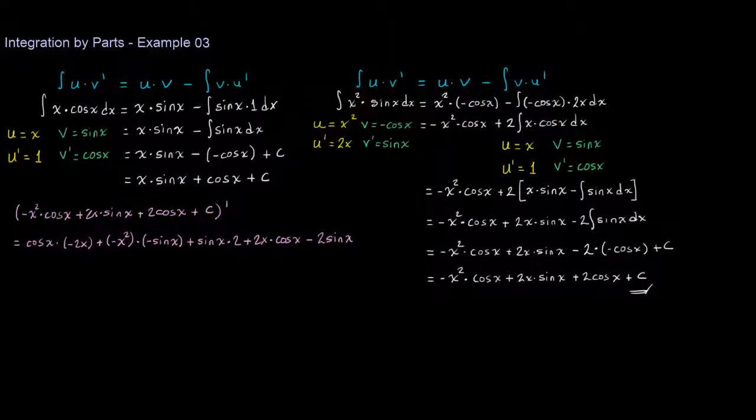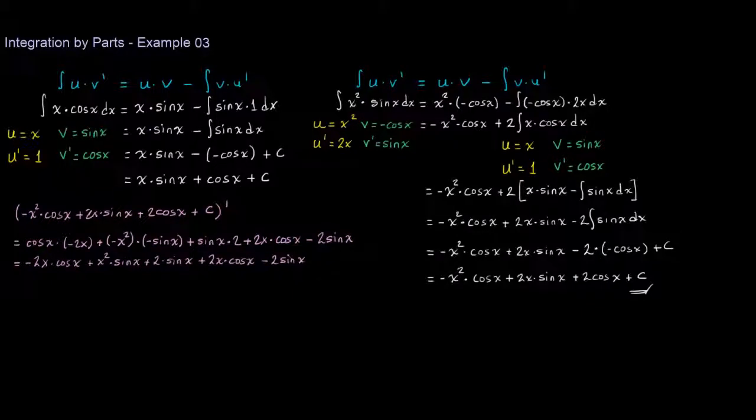Derivative of c will be 0. Let's see where we get. It's going to be minus 2 times x cosine of x, here plus x squared sine of x, and here plus 2 times x cosine of x, and there will be minus 2 times sine of x.